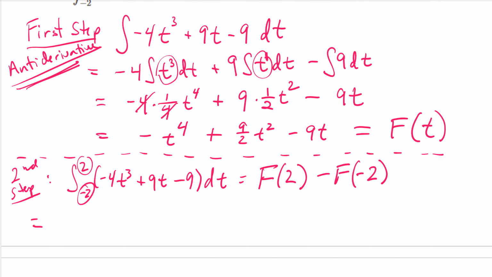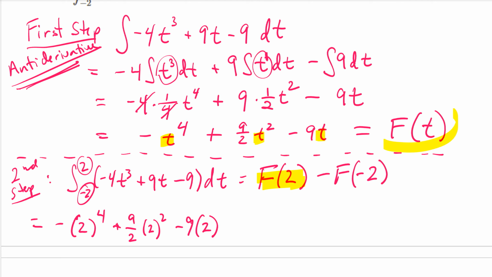And so this would be equal to -2 to the fourth plus 9/2, 2 squared, minus 9 times 2. So right there, what we did was take the number 2 and plug it in to the antiderivative capital F of t.